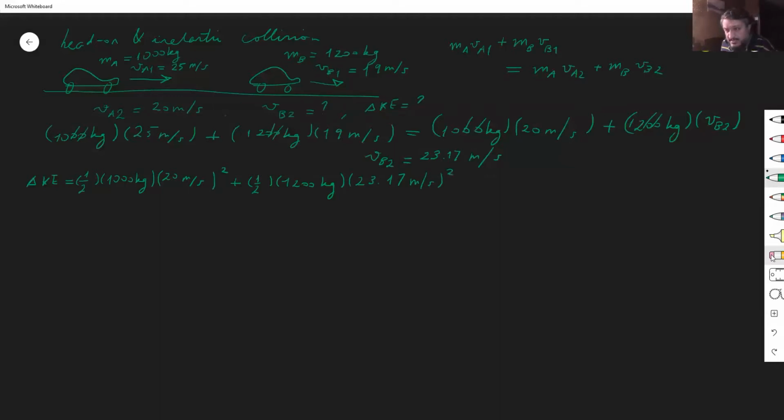Now subtract the initial total kinetic energy, 1/2 times 1,000 kilograms times 25 meters per second squared, minus 1/2 times 1,200 kilograms times 19 meters per second squared.